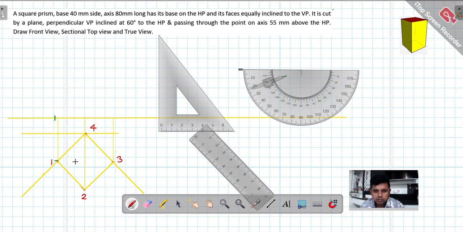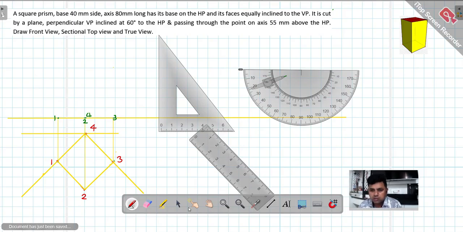Then below this there is a second point. So I'm drawing below the reference line. That is the second point. Third point is this one. The only point therefore on the axis I'm marking. And 4 is nothing but above these two. So therefore this is the fourth point. This is one point, this is second point, this is third point, and this is again fourth point. Second and fourth point are nothing but the same, which we can see.